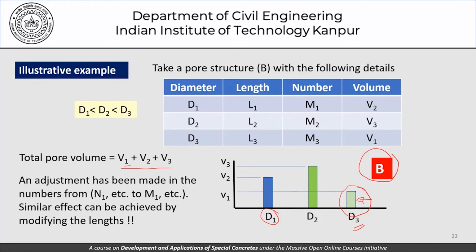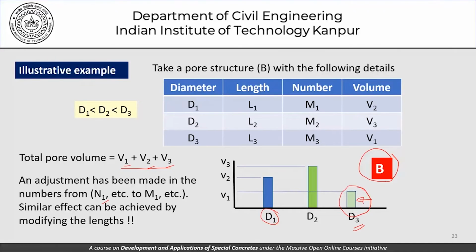So it's all the same. So the total pore volume as far as materials A and B are concerned is the same, except that the volume is distributed differently as far as the pore sizes are concerned. This adjustment can always be done by doing something with the numbers of pores and the lengths and so on. So that's not so difficult for you to understand, and I'll leave it at that.